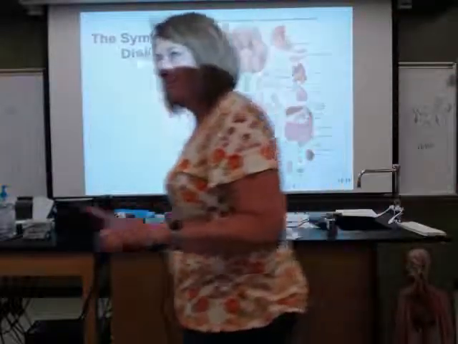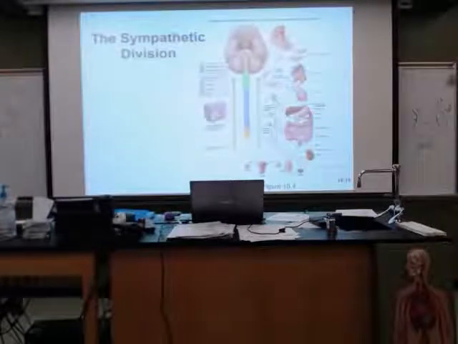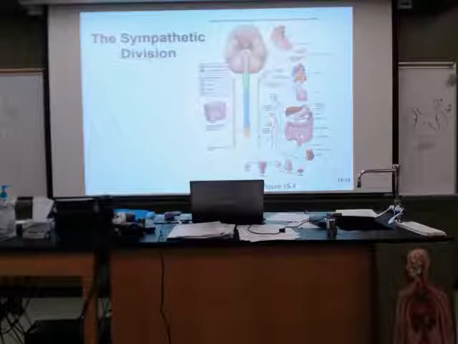And that's what produces the epinephrine, my adrenaline. Remember, we're talking about sympathetic. It's getting you ready for fight or flight. So one of those hormones that gets produced is what we know as adrenaline, epinephrine, norepinephrine.